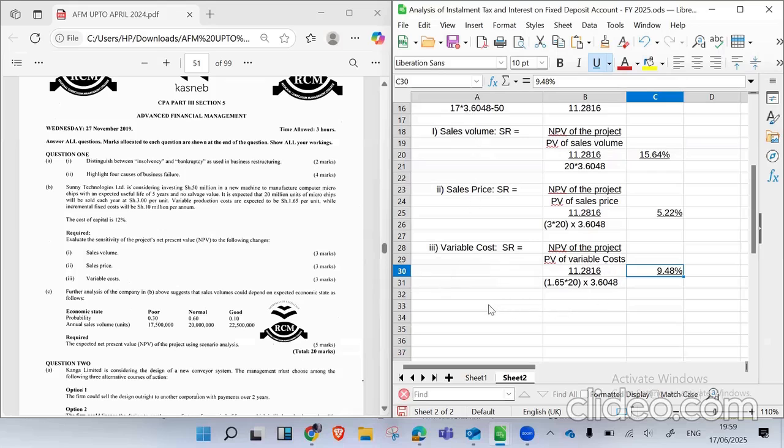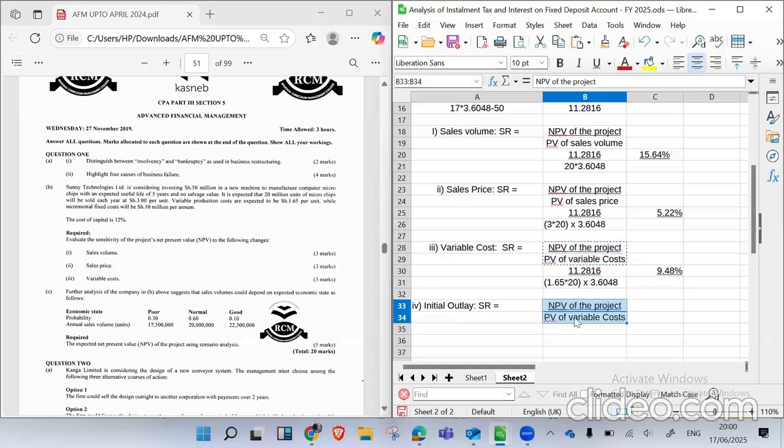If they had asked us for the sensitivity of the initial outlay, the concept would still be the same. Just trying to be a little bit creative. If they wanted us to get the sensitivity of the initial outlay, the sensitivity ratio would be equal to the NPV of the project divided by the present value of the initial outlay.